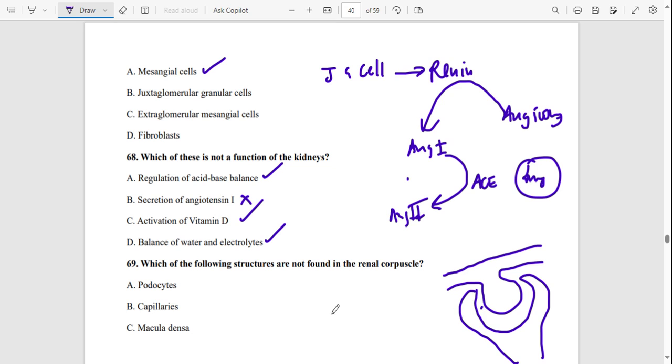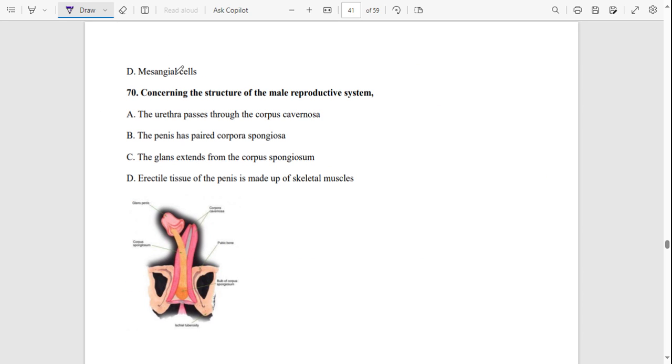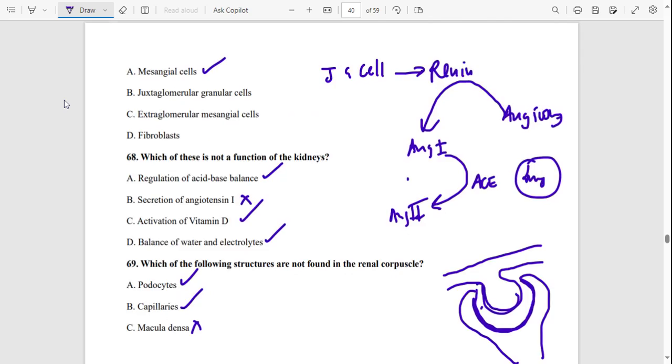You have got podocytes there, which line the glomerulus. You also have capillaries. Now the macula densa is on the distal convoluted tubule, so that is not part. You also have mesenchymal cells, which are just connective tissue that you are going to find here. So the answer is going to be macula densa.